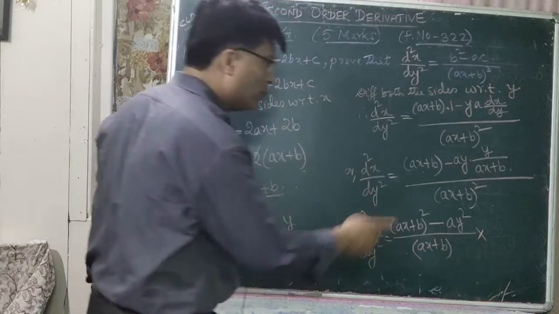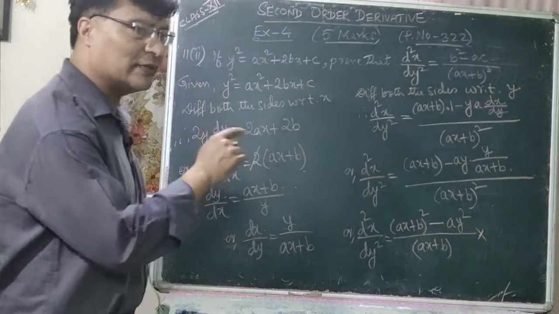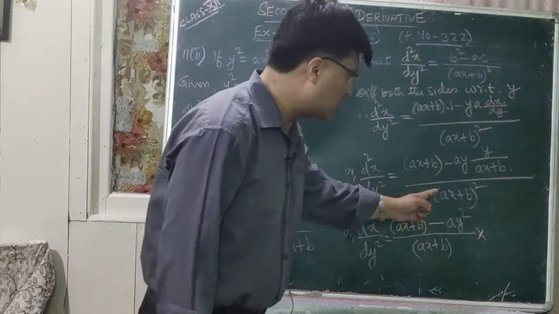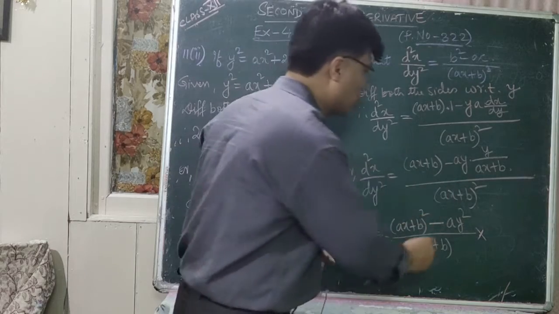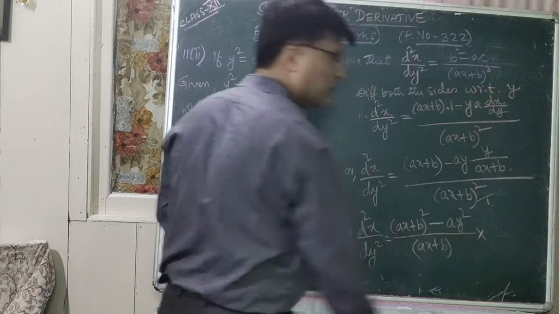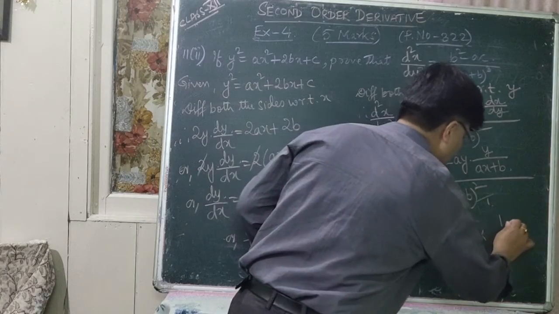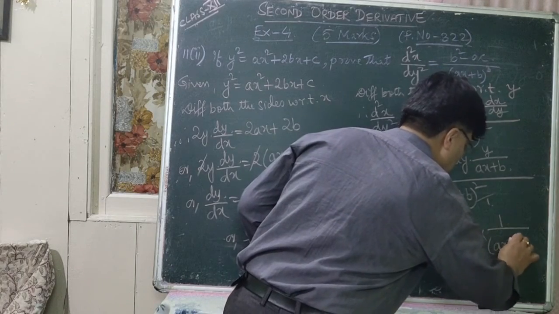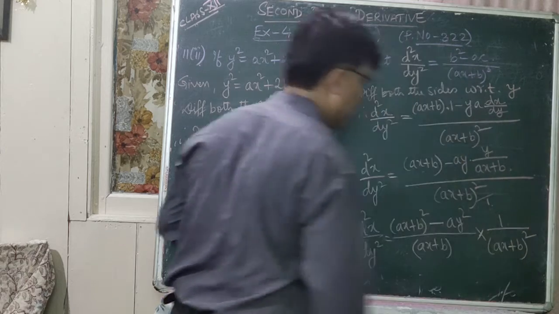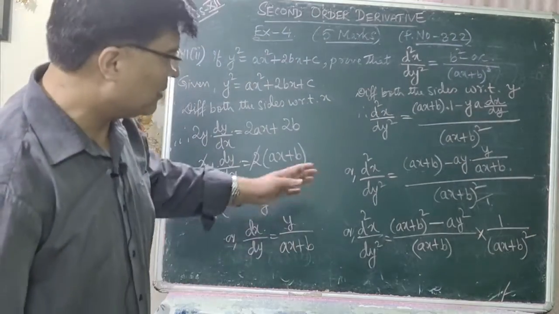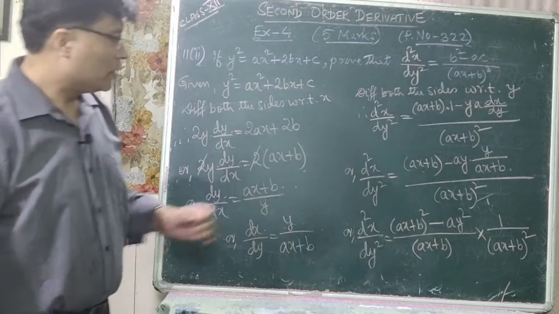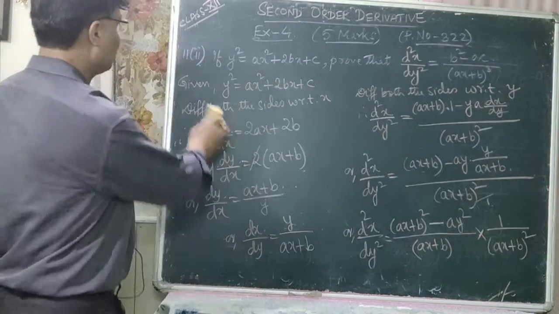Now in the denominator there is ax plus b whole square. So below this expression there is 1. When it goes up in the numerator, it becomes upside down. So it is 1 upon ax plus b whole square. Is that clear to all of you? So this is a simplification.